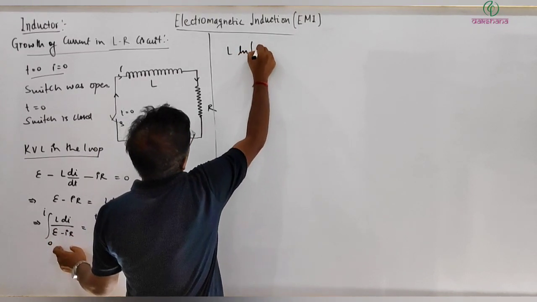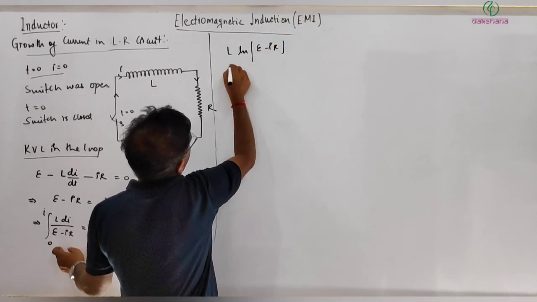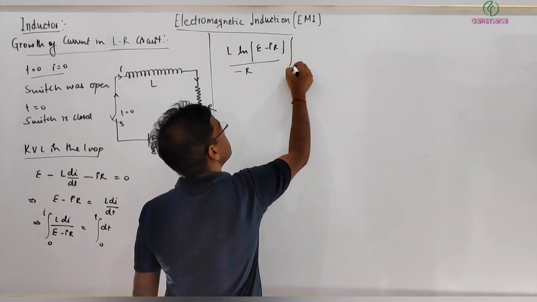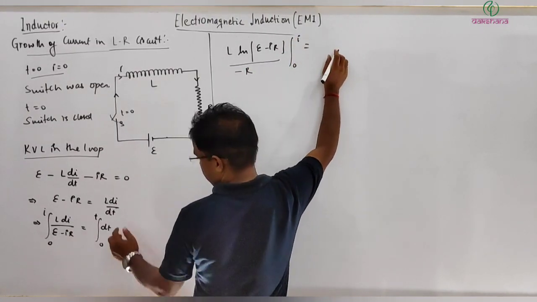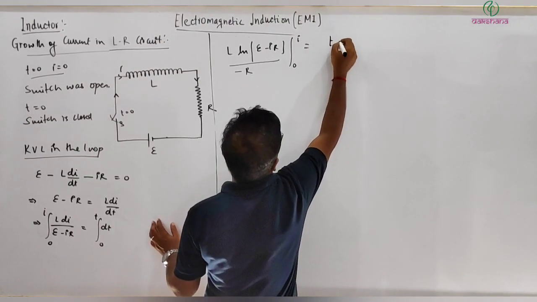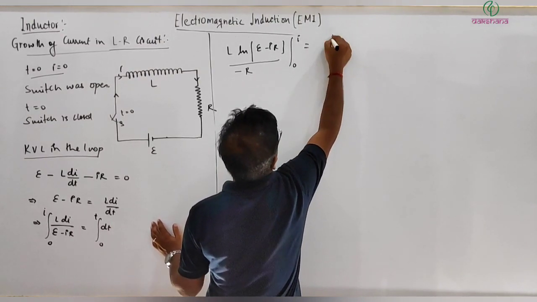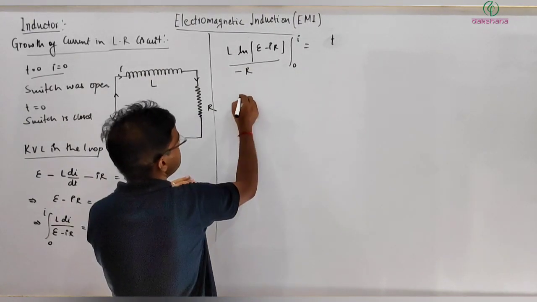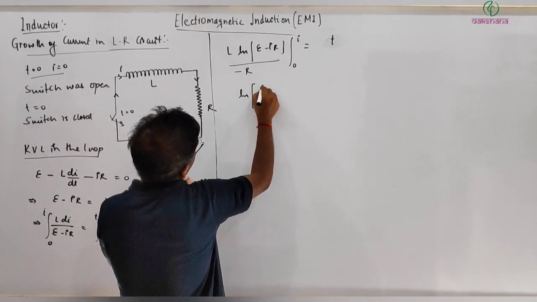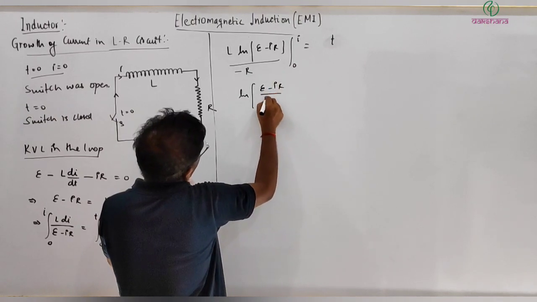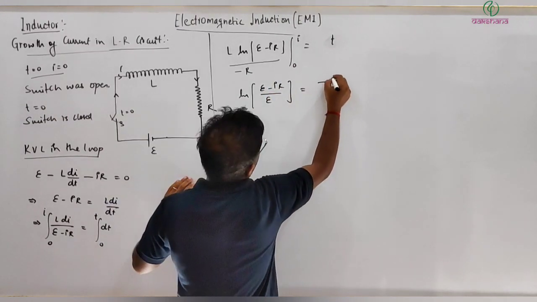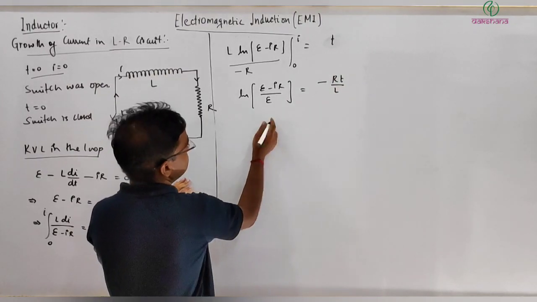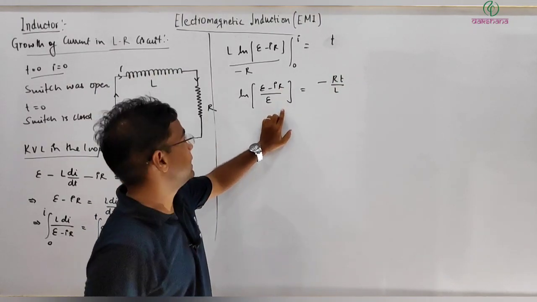Let's integrate it. The integration on the left part will be L times ln of E minus IR divided by minus R, with limits 0 to I, and on this side it's simply t. Multiplying through, this is ln of E minus IR divided by E, and this side is minus RT by L. Here I have done it directly.